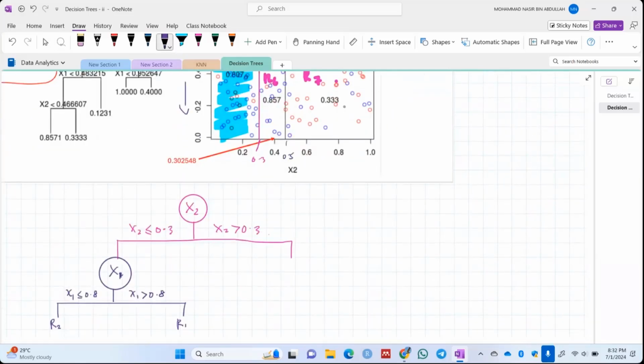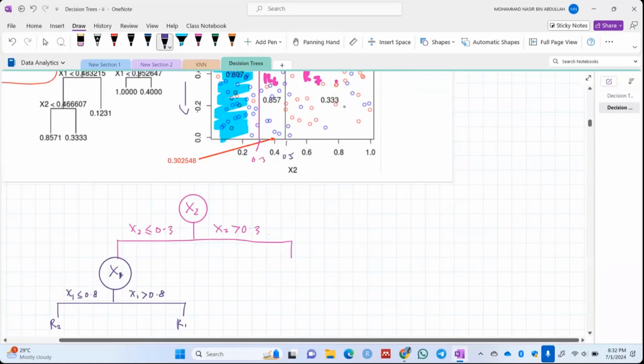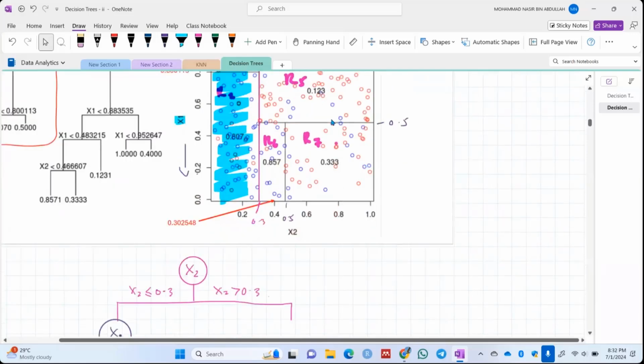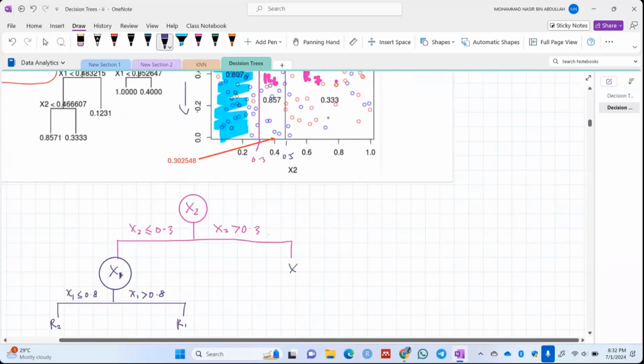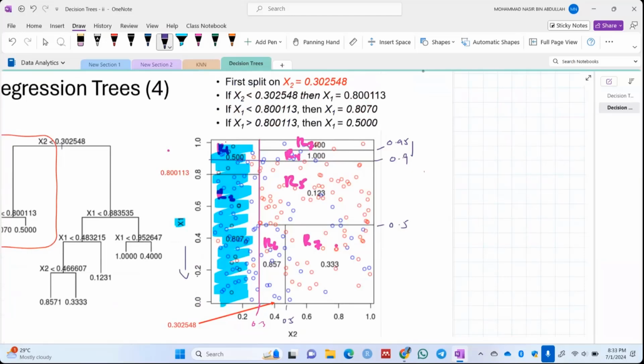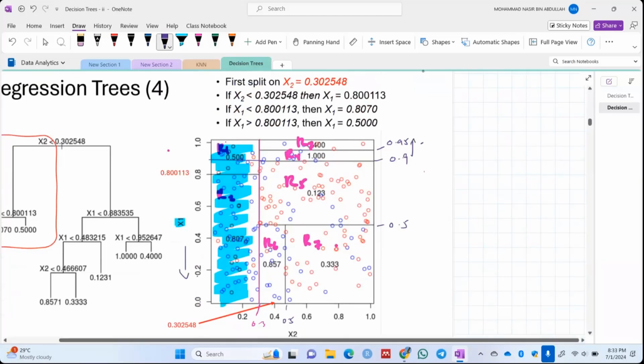So when X2 is more than 0.3, it can be separated by X1 at 0.9. So let's say this is X1, it can be separated by 0.9. When X1 is less than 0.9 and X1 is more than 0.9. For X1 more than 0.9, there is another separation based on 0.95.